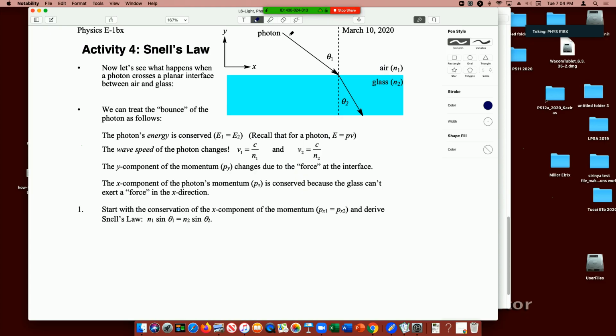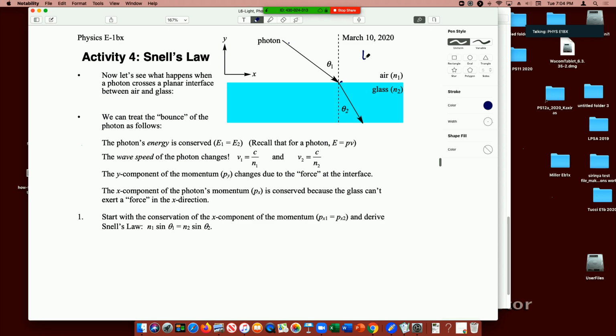If you've got this photon coming in, it hits the medium here, right? It's going from a low index to a high index. So the light bends towards the normal.